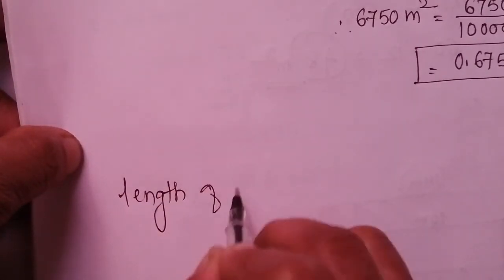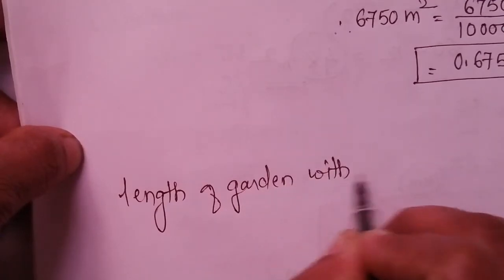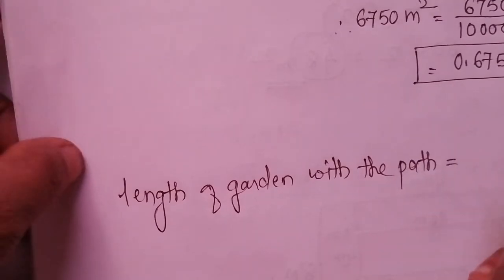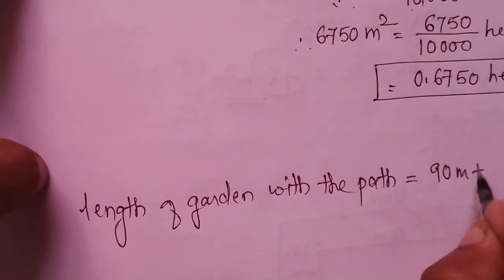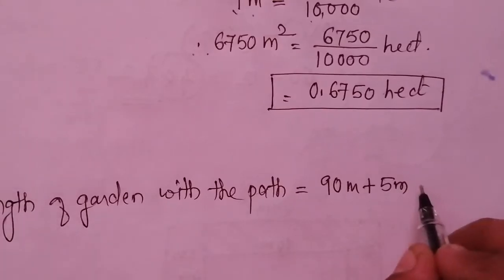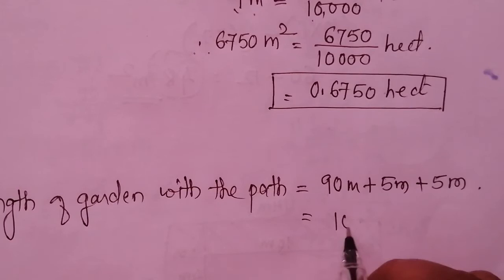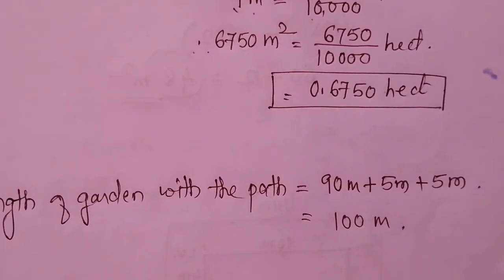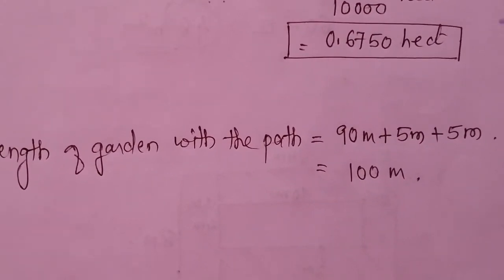Length of garden with the path is equal to the length of the garden, 90 meter, plus the width of the path from both sides, 5 meter plus 5 meter. That means 100 meter. This is the length of the garden with the path.